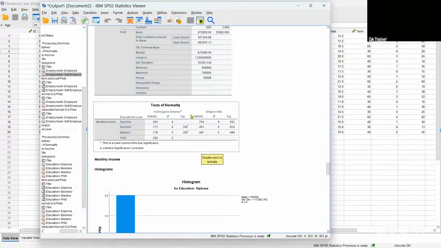However, the test for normality is as follows: the statistic here and the degrees of freedom for bachelor are high compared to any of them, right? And then the significance value is still high, 0.200. Now, if you look at this star, they say this is a lower bound of the true significance. And then we have the Lilliefors significance correction, as well as the Shapiro-Wilk significance, as you can see.